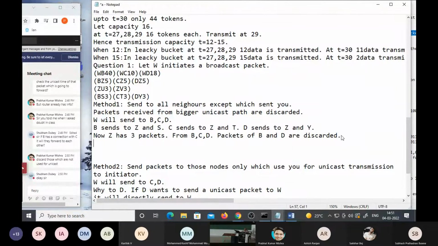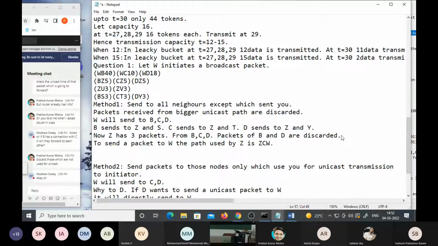Now, how will Z send a packet to W? To send a packet to W, the path used by Z is ZC, ZCW.